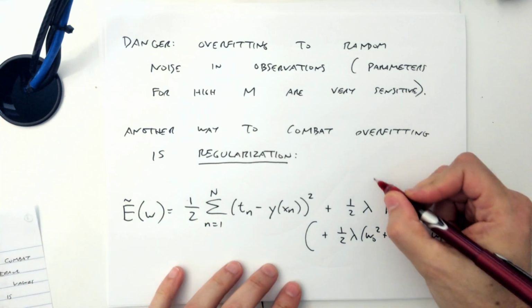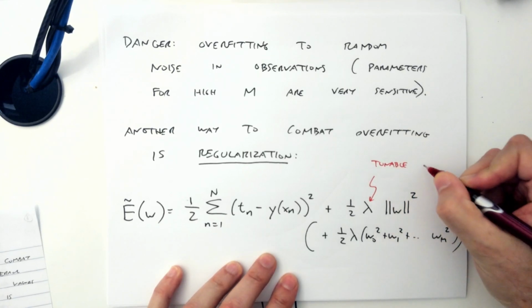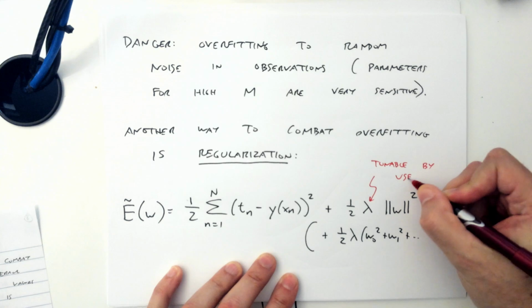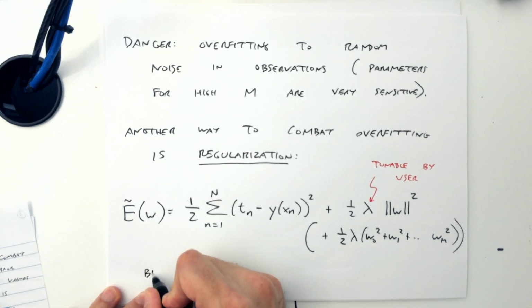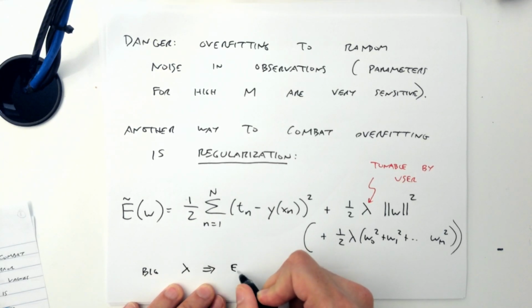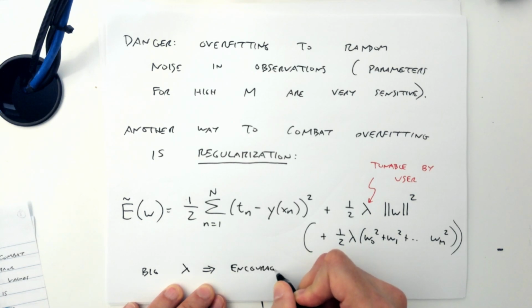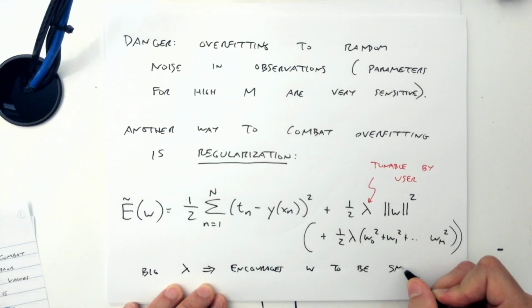So this is a tunable parameter by the user that says how much am I forcing these coefficients down to 0, right? So a big lambda basically encourages W to be small.